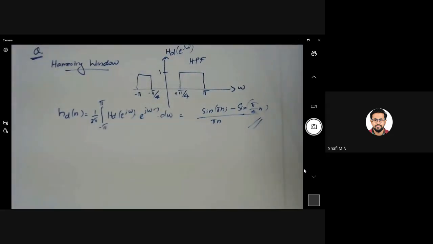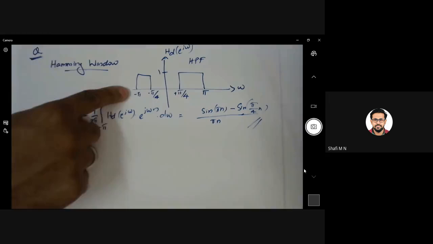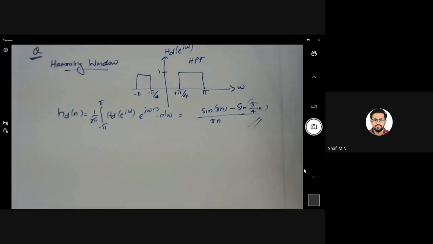The question is to design an FIR filter for the given frequency response using the Hamming window. You have to use the Hamming window.